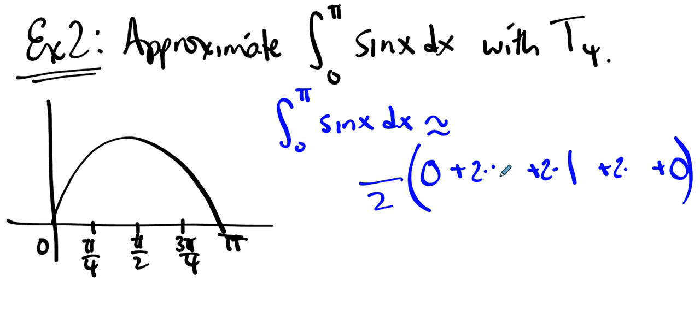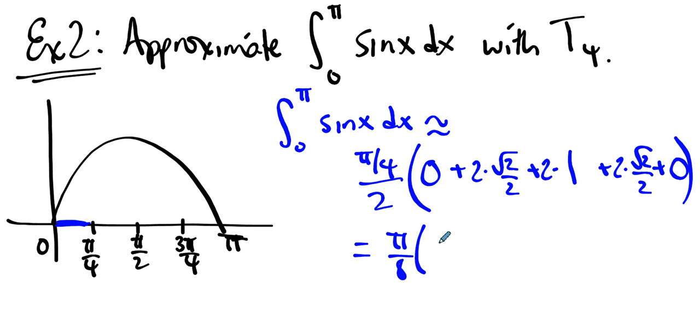They're the same, and that's radical 2 over 2. What's the change in x? It's this distance, and that distance is pi over 4. So this is pi over 8 times 2 plus 2 radical 2. Is that good? Actually, it is pretty good. If you take the decimal approximation of this and the actual value of that, it's pretty close.